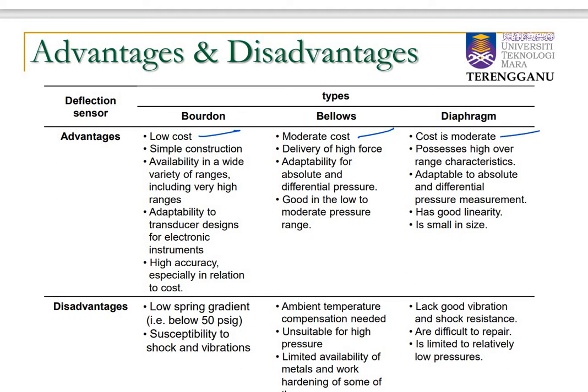So the disadvantage is low spring gradient for the Bourdon. For the Bellows, we need to have an ambient temperature compensation. For the diaphragm, the disadvantage is the lack of good vibration and shock resistance, because it is a membrane, right? So it's quite sensitive.